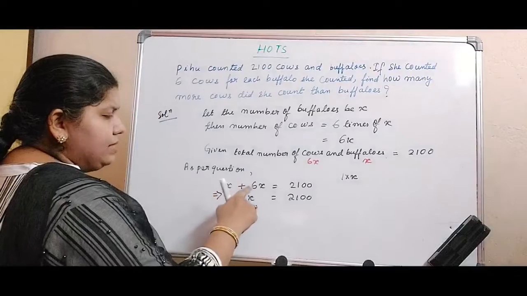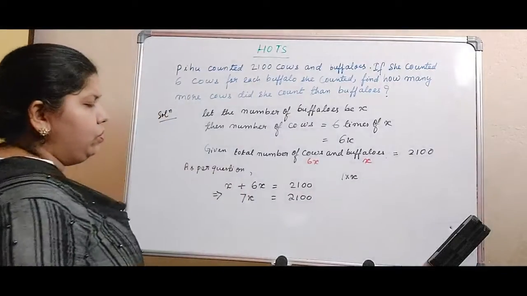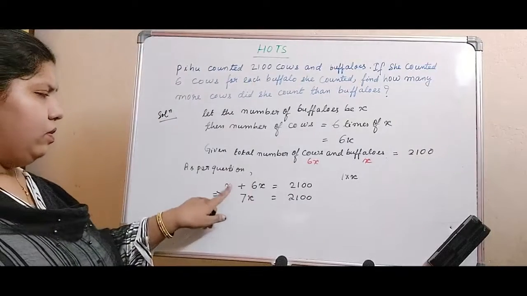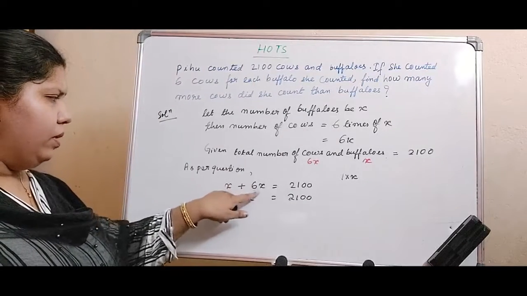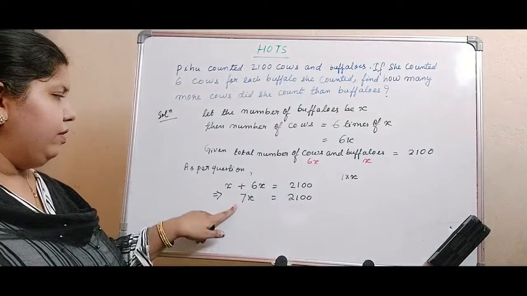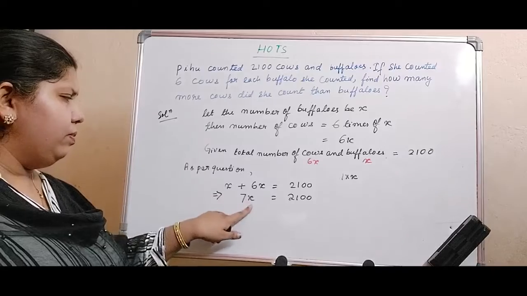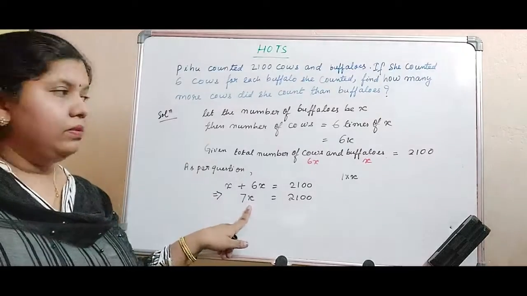So this 1 is added with 6 and it is making 7. So x is common in both, so x is taken common and 6 is added with 1 from here. So it becomes 7x.